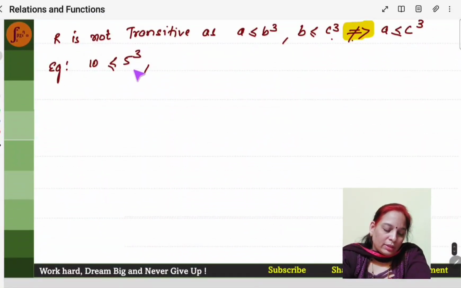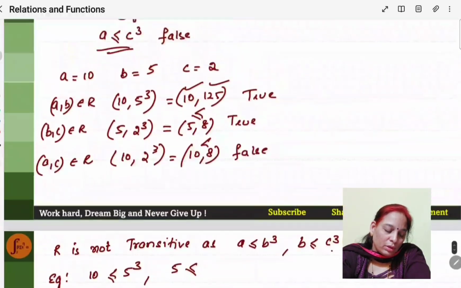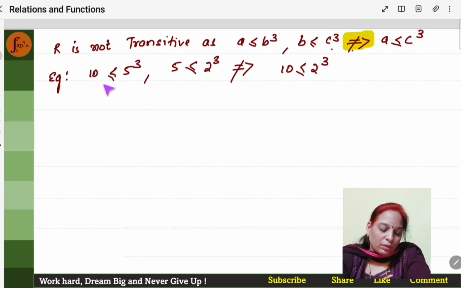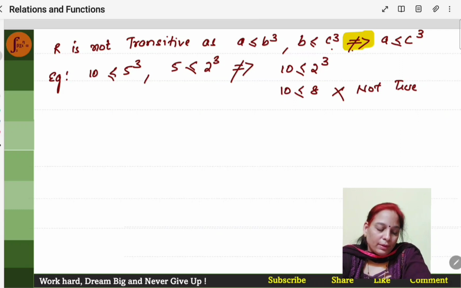So 10 less than or equal to 5 cube, B was 5 less than or equal to C cube, C was 2, 2 cube, does not imply, what was A? 10. 10 is less than or equal to C cube, C is 2, 2 cube. 10 is less than or equal to 125, 5 is less than or equal to 8, but 10 is not less than or equal to 8, right? You will get 10 less than or equal to 8 here, so this is not true. So R is not transitive.